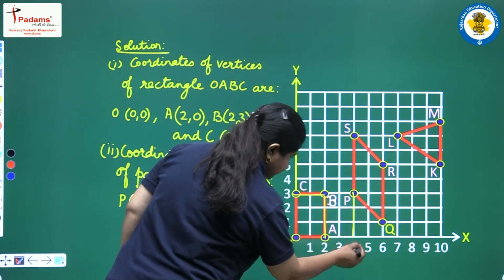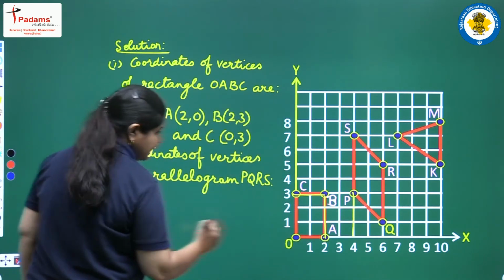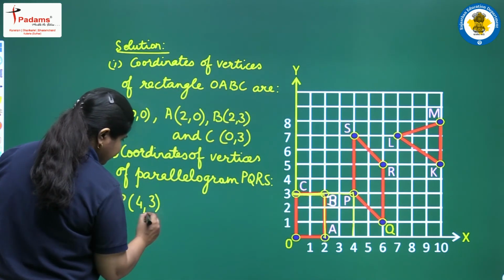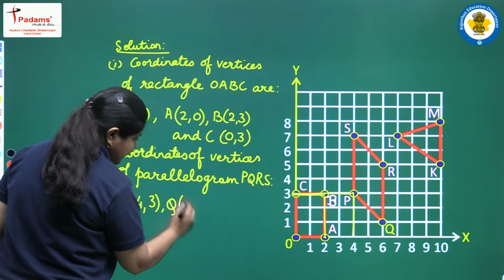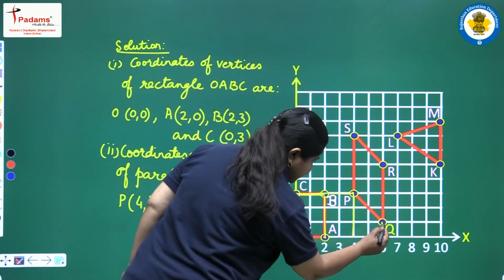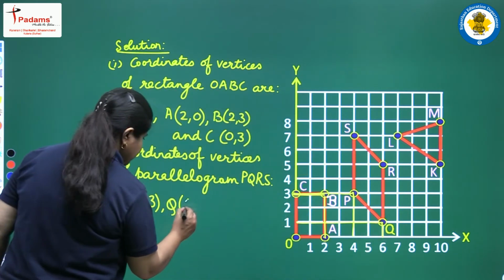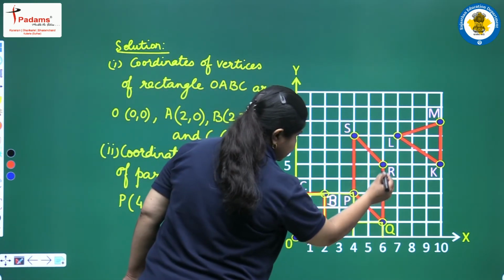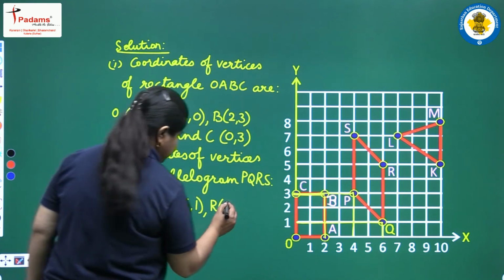Related to x coordinate we have 4 and then for y coordinate if we move to the left we get 3, so 4, 3. Then we have Q. Q के coordinates देखिए यहाँ से 6 और यहाँ से 1, so 6, 1. Then R, we have here 6 and here we have 5, 6, 5.